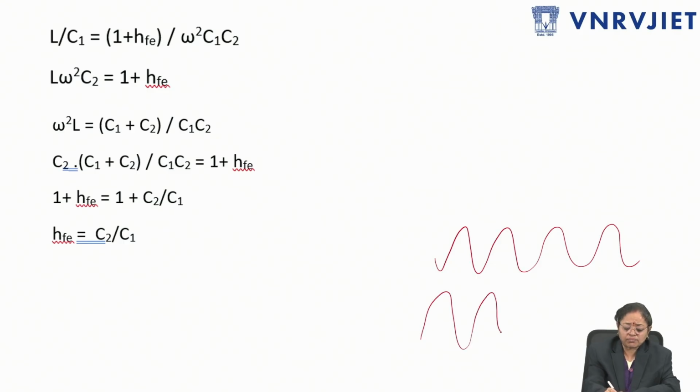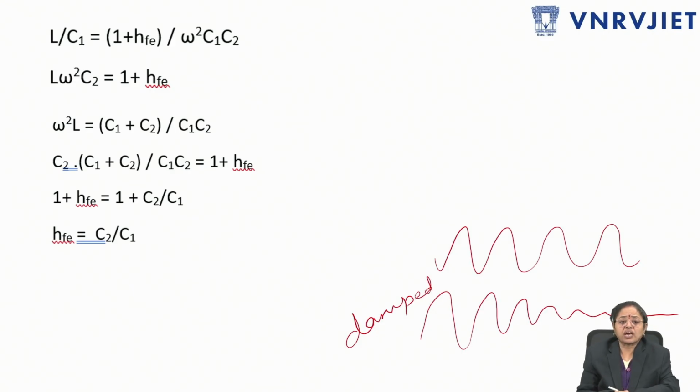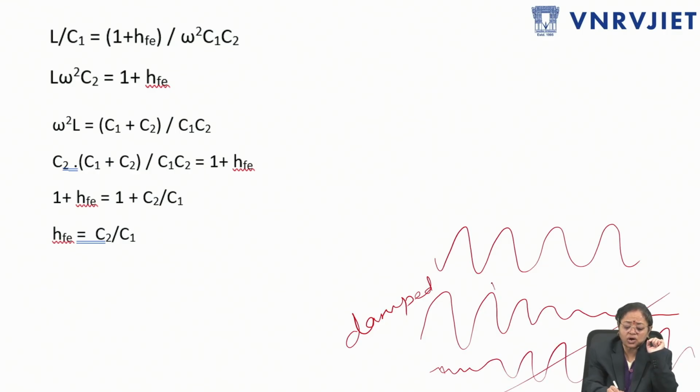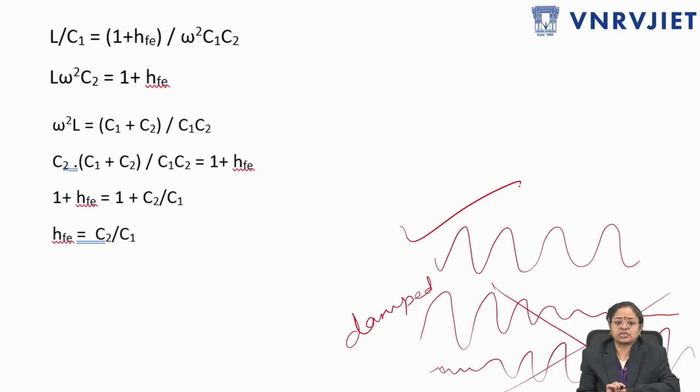Sometimes, if the design is not proper, the oscillations will be dying off. This is called damped oscillations. So damped oscillations are not preferred. We have to maintain the condition for sustained oscillation. Sometimes we may also have oscillations like this. These two are not preferred. We should have sustained oscillations.